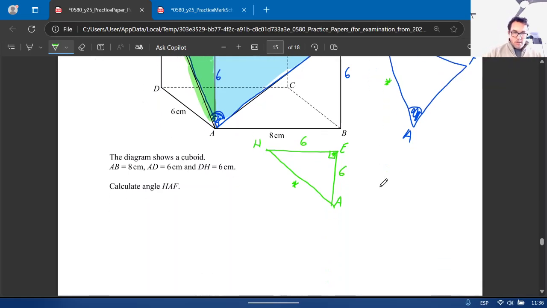That side length there, HA or AH, squared would be equal to EH squared plus AE squared. So AH is the square root, as we move that square across. EH is 6 and AE is 6.